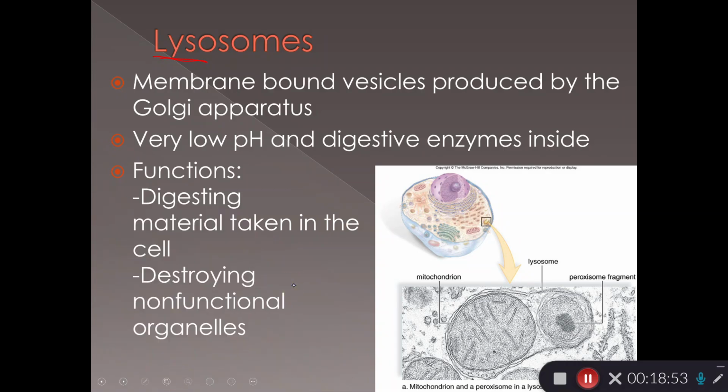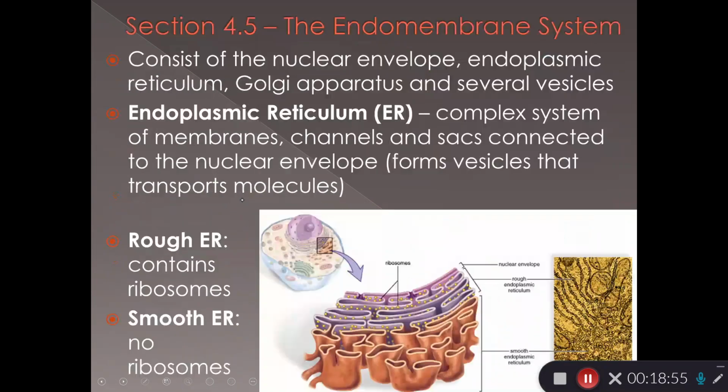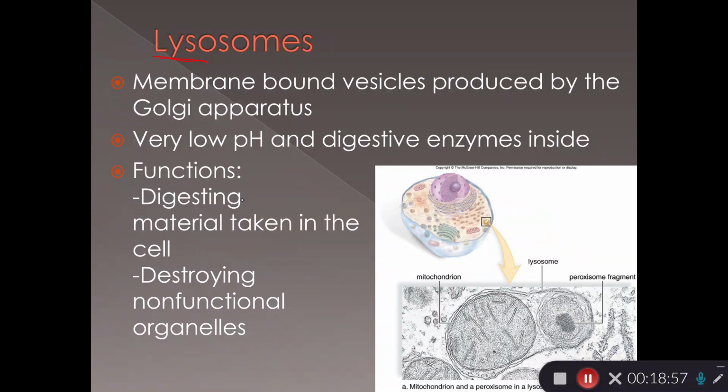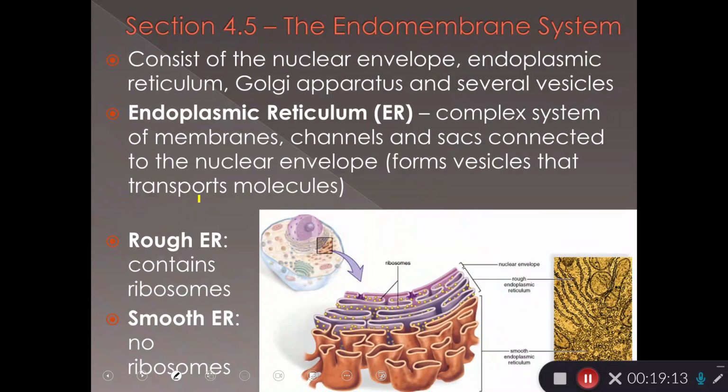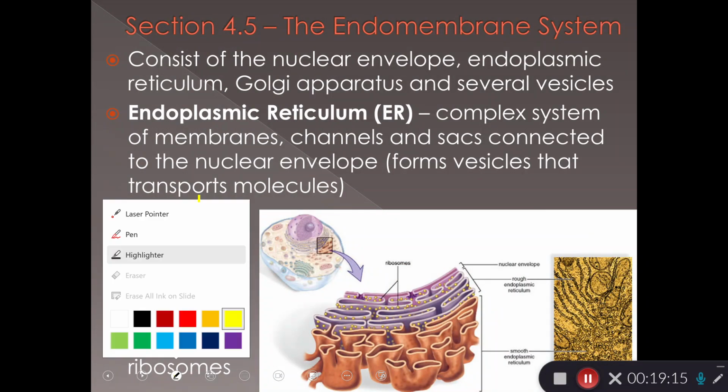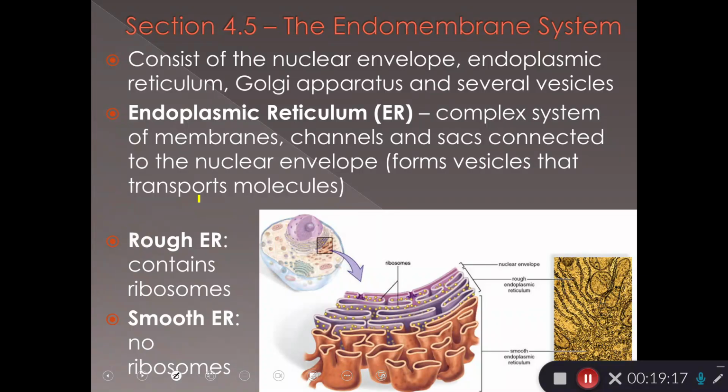Highlight that. Oh no. Maybe I didn't click on it. There we go. Okay, and then when you go back to the smooth and rough ER, make sure you have written in right here: rough ER transports proteins.